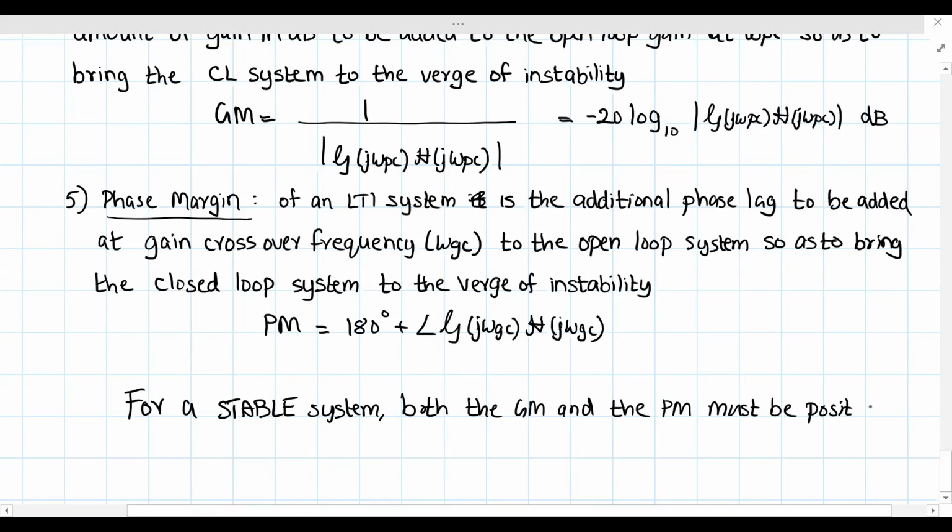Okay, if either gain margin is negative or phase margin is negative or both are negative, the system is said to be unstable. So here, when we say gain margin must be positive, we mean gain margin in decibels. So for a stable system, both the gain margin and the phase margin have to be positive. So we will stop here for the day. Okay, thank you.